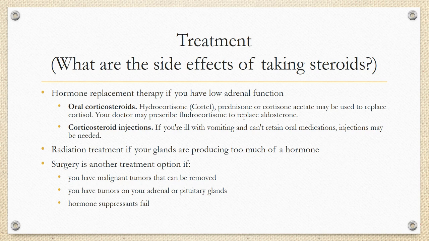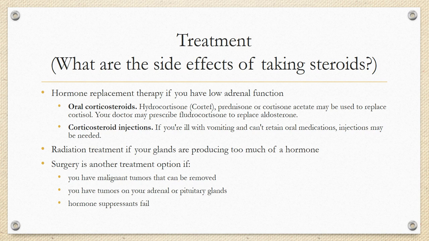Your doctor may prescribe what they call fludrocortisone to replace aldosterone. They may also do injections. If the patient is ill with vomiting and can't retain oral medications, injections might actually be what's needed. If the glands are producing too much of a hormone, they possibly may do radiation treatment.